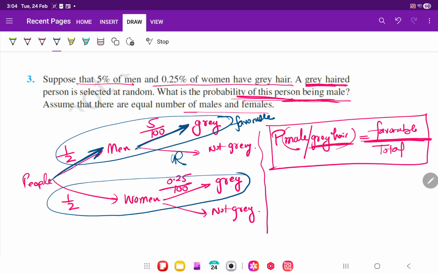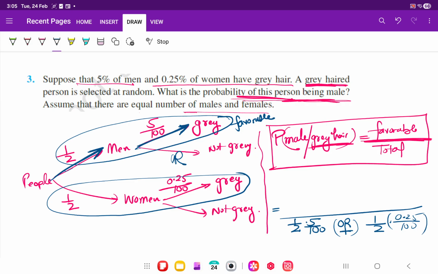So let me take: they are men and gray hair, plus they are women and gray hair. The favorable one is the top one, men with gray hair. Gray hair probability is 5 by 100.